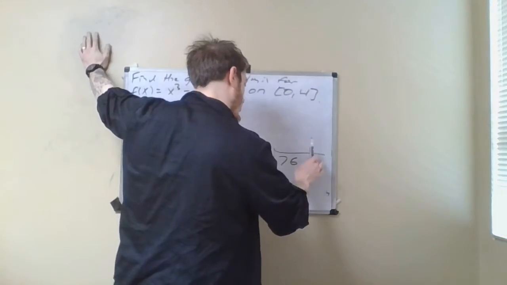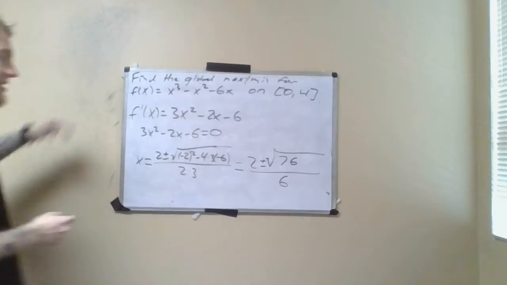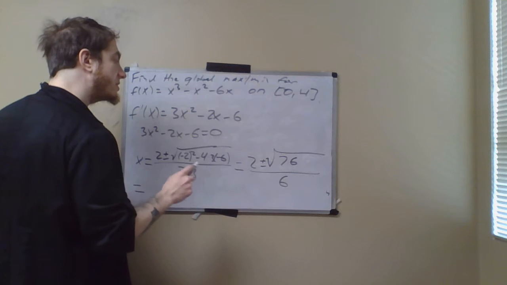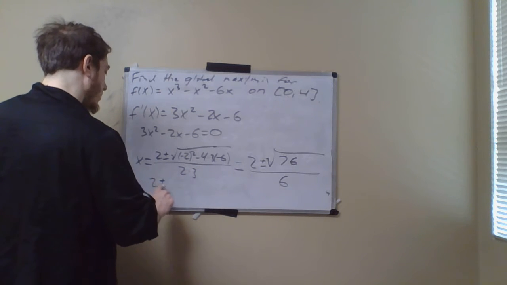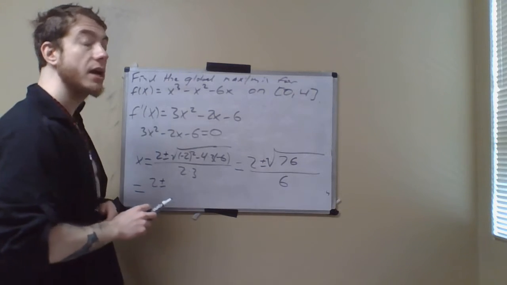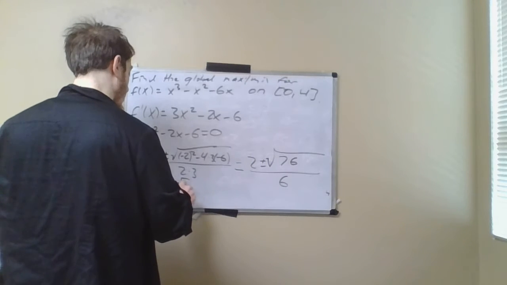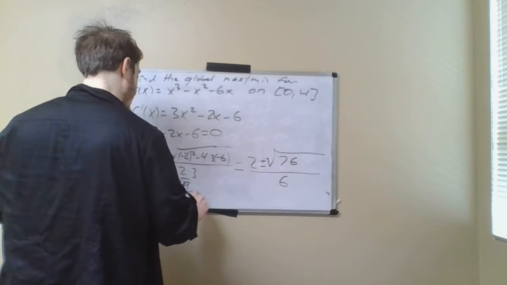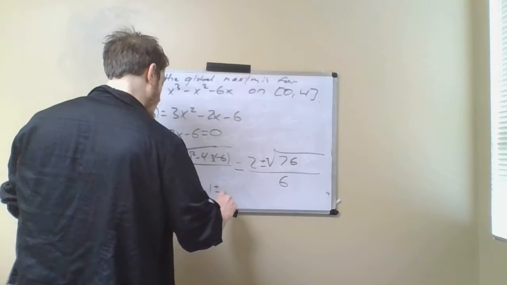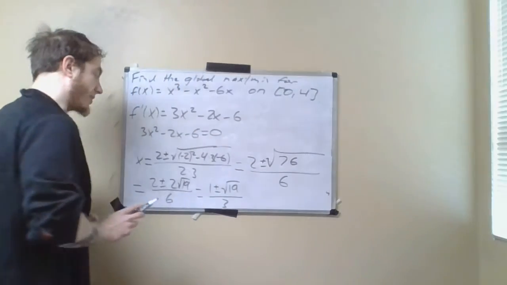Oh, this doesn't factor by grouping. Okay, I was wrong. Divided by 6. So this is going to be 2 plus or minus the square root. Now let's see, 76 is divisible by 4. It is 19 times 4. So this is 2 plus or minus 2 times the square root of 19 divided by 6, which comes out to be 1 plus or minus square root 19 divided by 3.